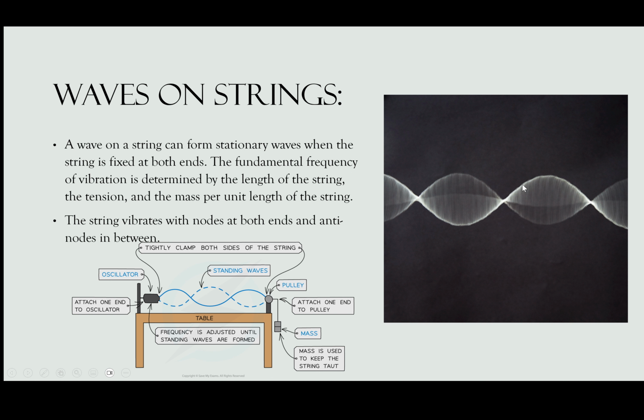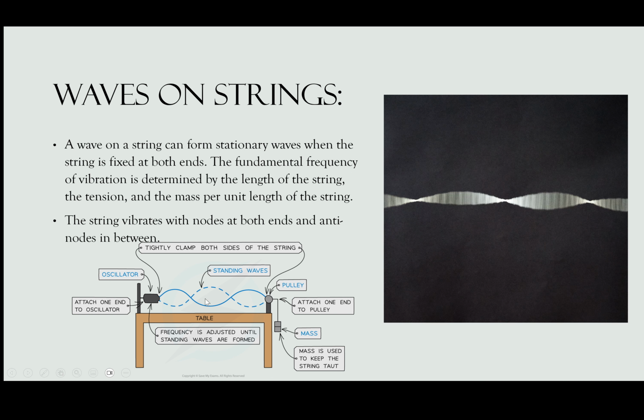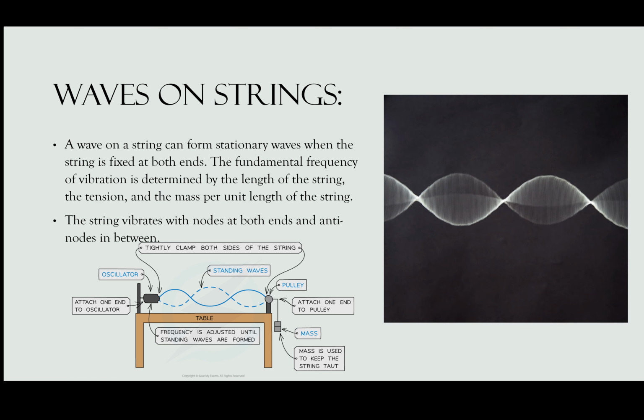Waves on a string now. Strings can have standing waves, right? If both ends of the string, the oscillator and the area where the end of the string is, are locked in place, when you vibrate the string and oscillate it, and we reach a fundamental frequency of vibration along the length of the string, in some periods, it can actually create a standing wave.